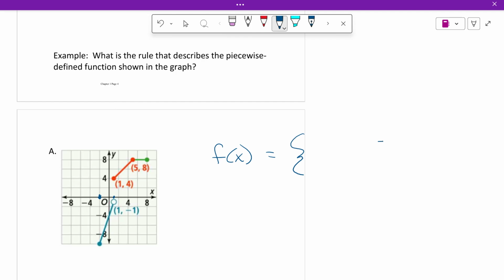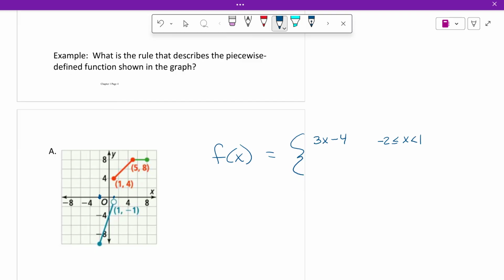So it goes from -2, filled-in circle, to 1 as an open circle. And it has a y-intercept of -4 and a slope, it goes up 1, 2, 3 over 1, a slope of 3. So it's like 3x minus 4 would be that function.